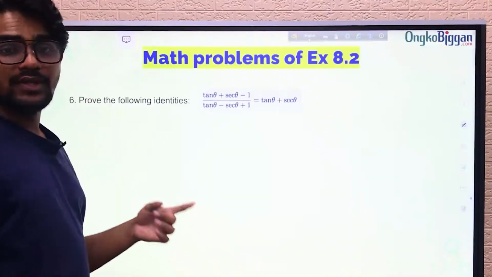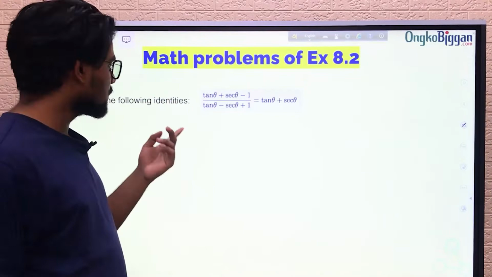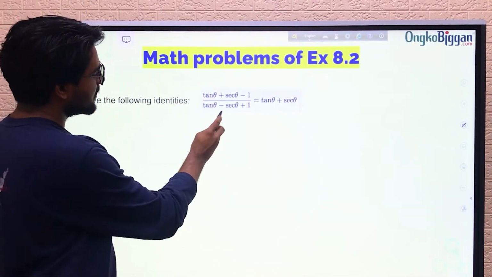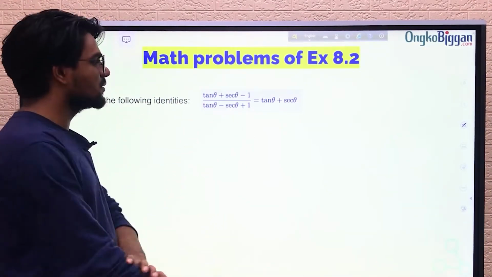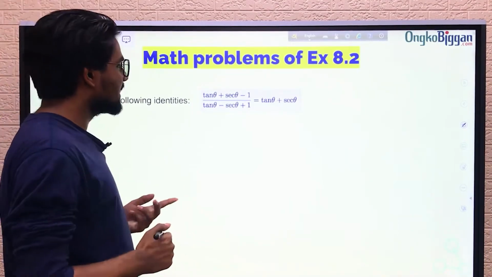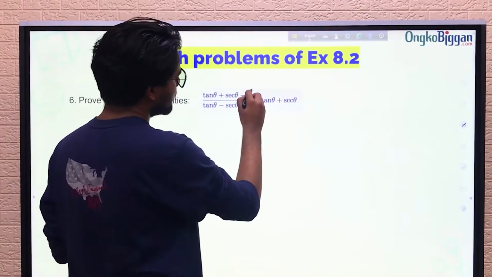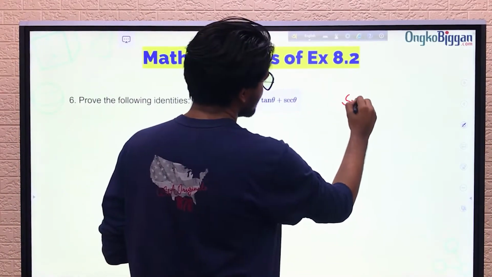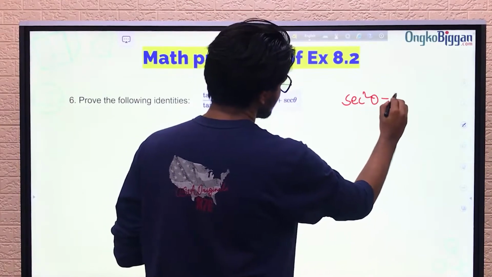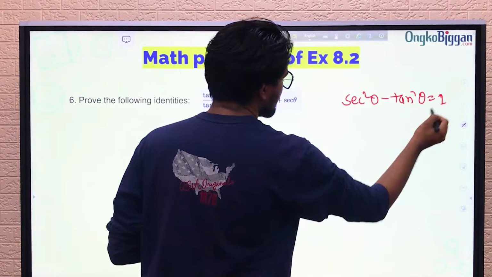So we're going to move on to the next method, and it is written that (tan theta + sec theta - 1) divided by (tan theta - sec theta + 1) is equal to tan theta + sec theta. To solve this math, we are going to need to convert this 1 into sec square theta minus tan square theta, because sec square theta minus tan square theta equals 1.